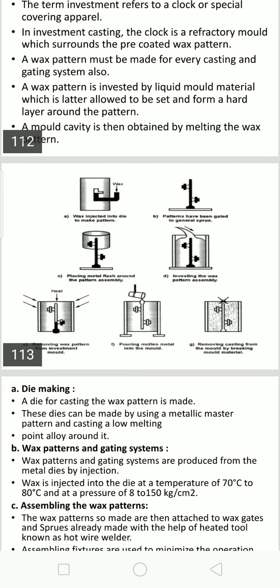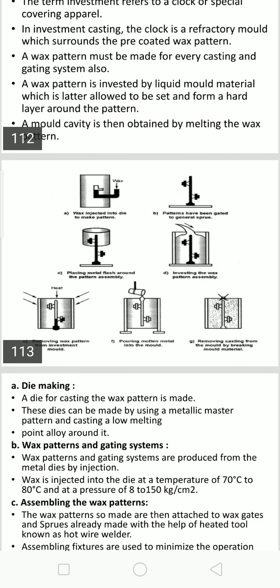Once it is dried, it is inverted back to its original position, then it is ready for pouring. Then molten metal is gravity filled into the sprue as shown in the sixth figure. Air pressure can also be applied along with the molten metal if required. Once the mold is completely filled, it is allowed to solidify.